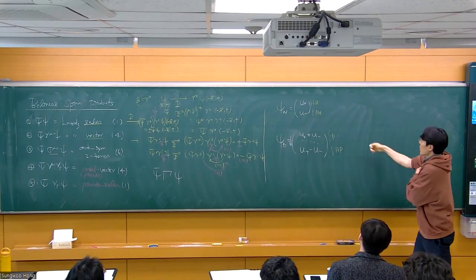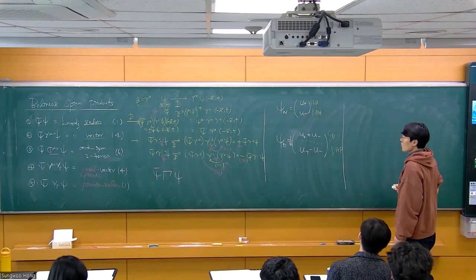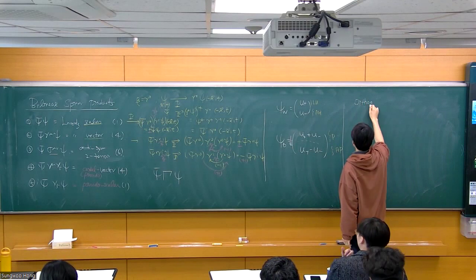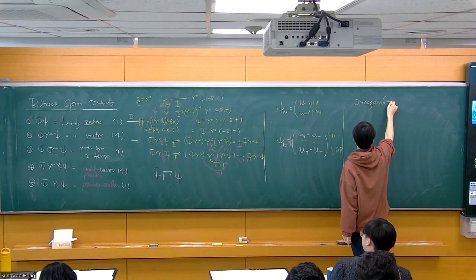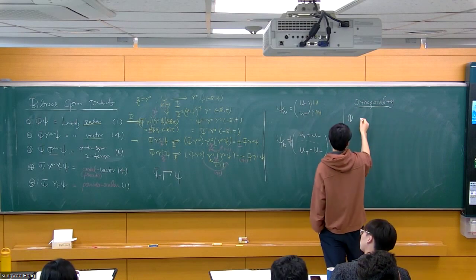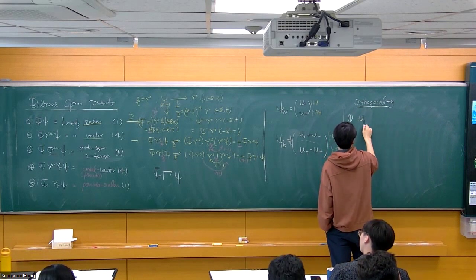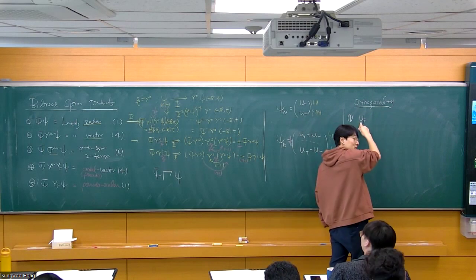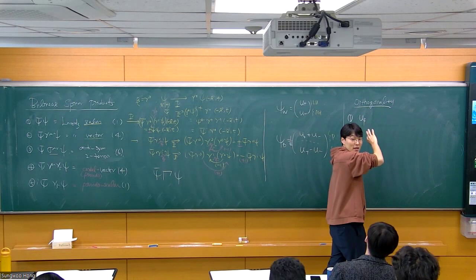Okay, so one thing that we need to quickly talk about is orthogonality. So at the end of the day, I want to quickly show the following. So the u spinor, remember this is the coefficient of the positive frequency solution, right?